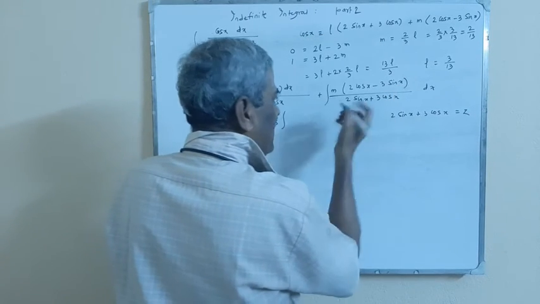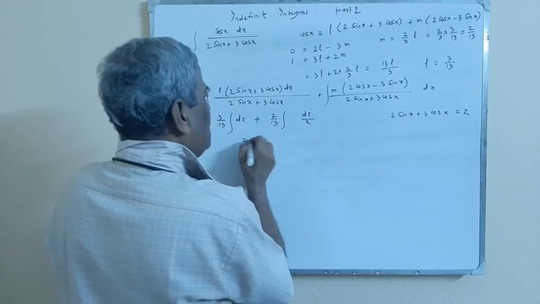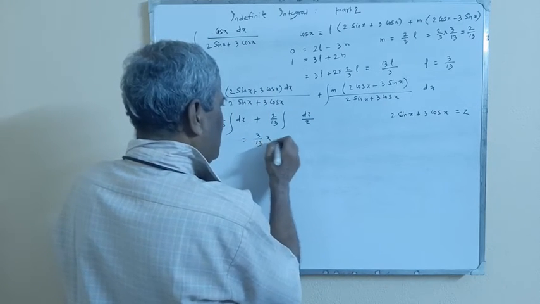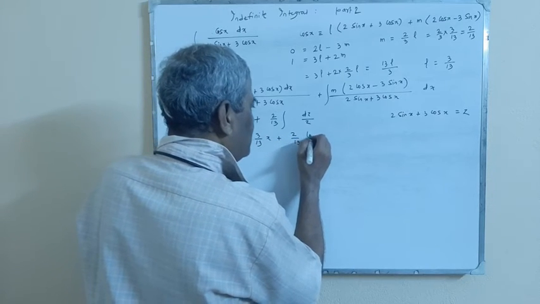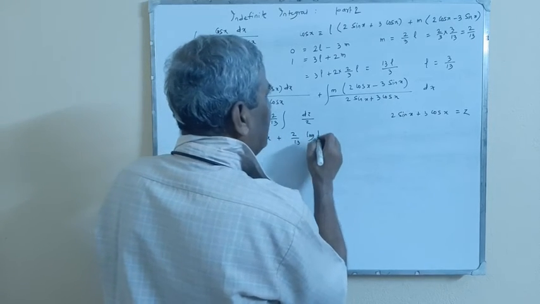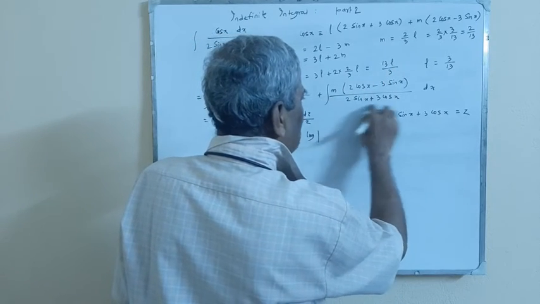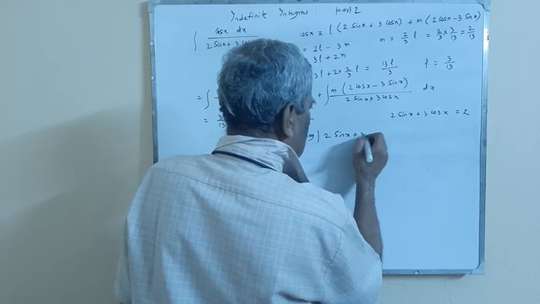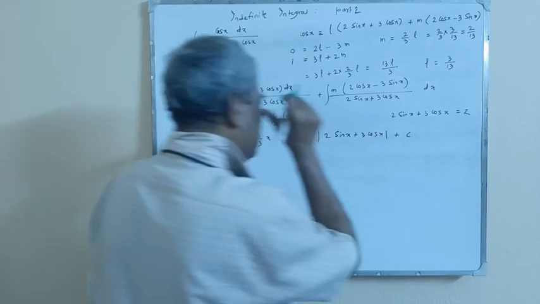So M into dz by z, so that it is equal to 3 by 13 x plus 2 by 13 log of mod z. Z is nothing but what I have taken, z is equal to 2 sin x plus 3 cos x, plus c. This is the answer.